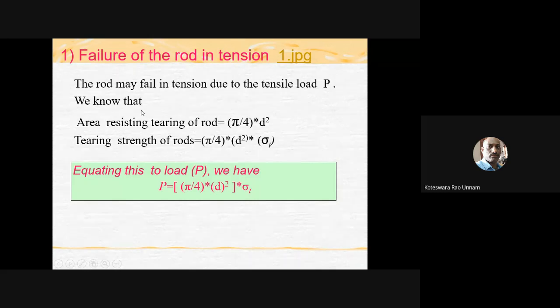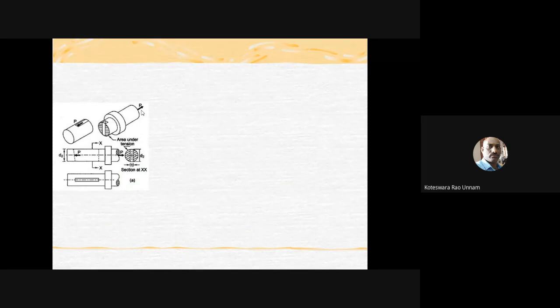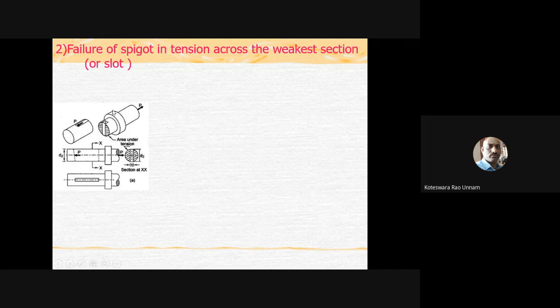Once you got this d, then you need to calculate the d2 value by considering failure of the spigot across the weakest section, that is across the slot, wherever you have a slot. There also the failure is tearing failure, that is the tensile failure only. So again you need to consider the tensile strength of this spigot at this weakest section.